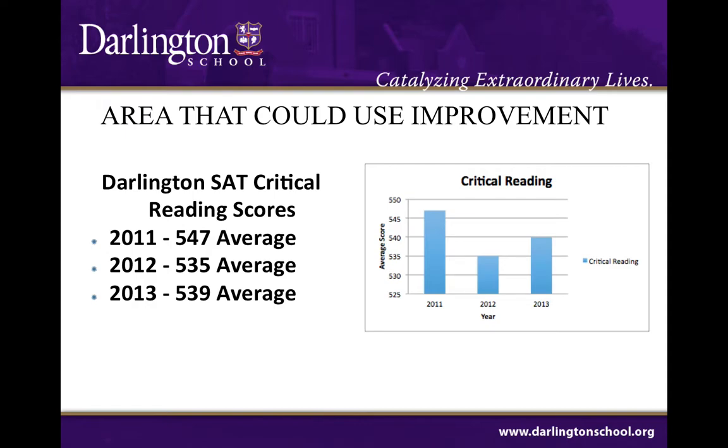Our critical reading scores have gone from 547 to 535, and they're back up at 539, which is really not enough. Being a private college prep institution, we know that our scores need to be higher than this, especially in our critical reading.